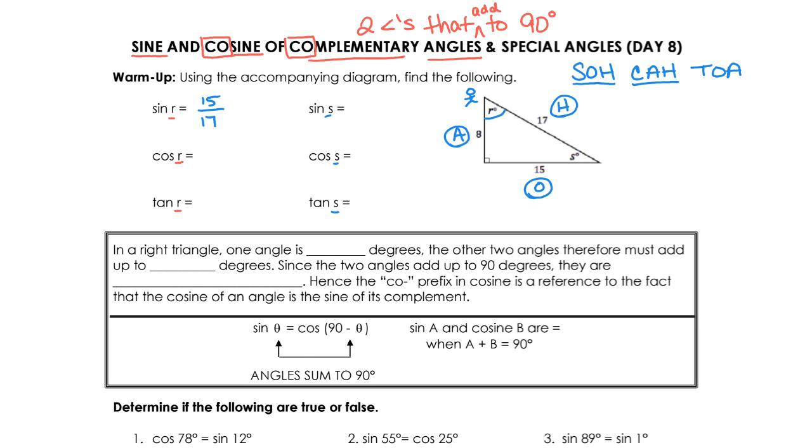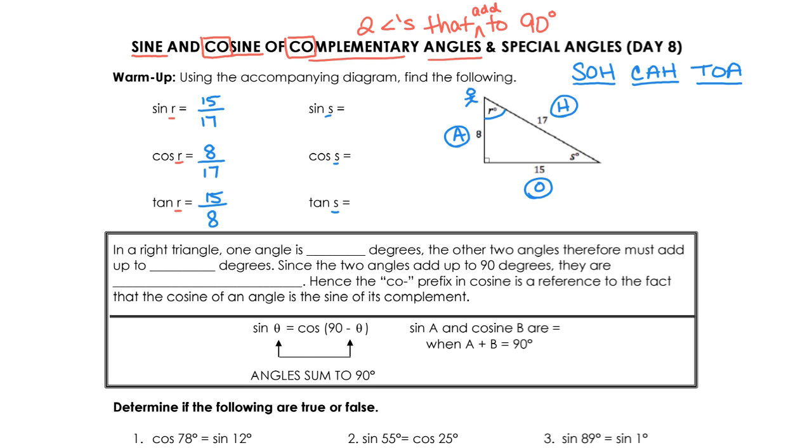Cosine uses A over H. So cosine of angle R would be your A, which is your 8, over your H, which is your 17. Okay. Tangent of R equals your opposite piece, which is 15, over your adjacent piece, which is 8.